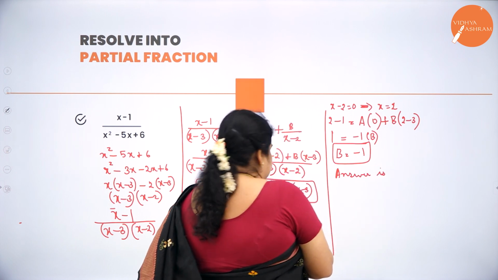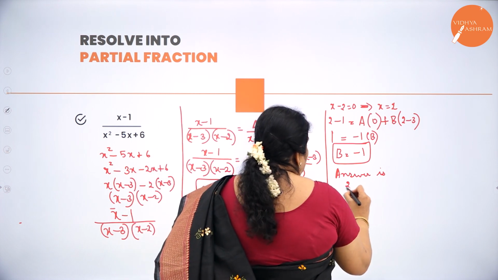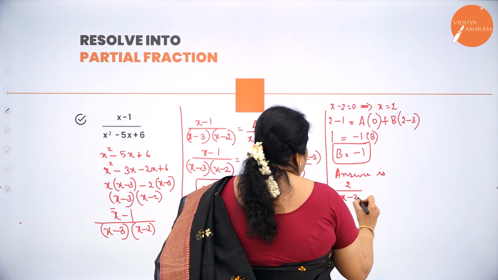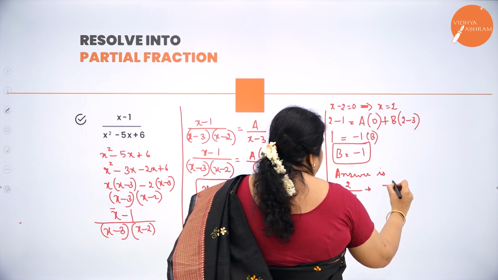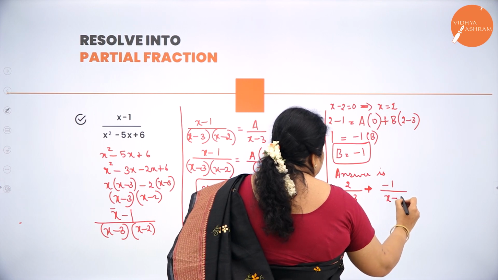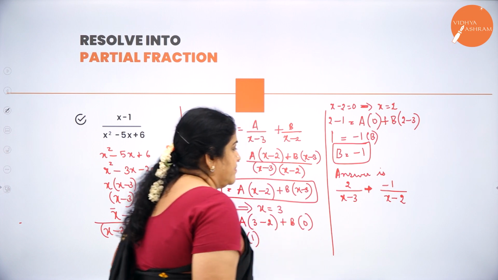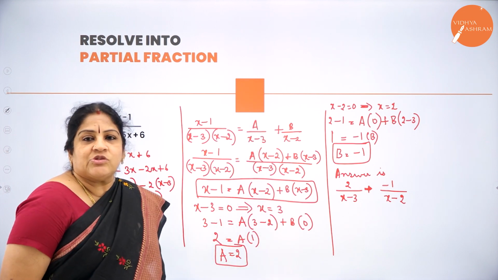So the answer is, for A, what is it we got? We got the value as 2. So it will become 2 by x minus 3 plus minus 1 divided by x minus 2. This is what it is.